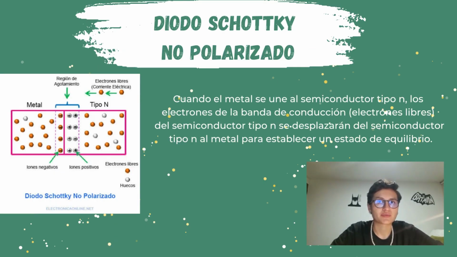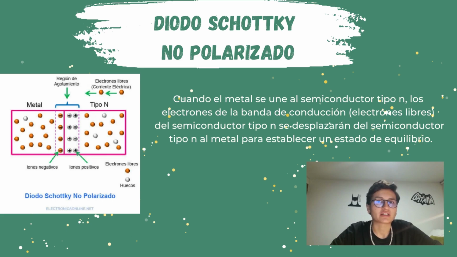In Schottky diodes, when the metal is attached to an N-type semiconductor, the conduction band electrons, the free electrons, of the N-type semiconductor will move from the semiconductor to the metal to establish a state of equilibrium. We know that when a neutral atom loses an electron, it becomes a positive ion, and when a neutral atom gains an extra electron, it becomes a negative ion.